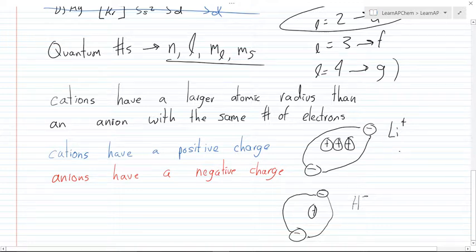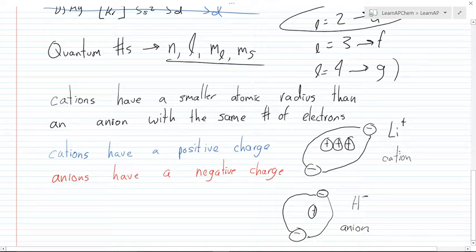Cation, anion. So, going back to our statement, cations, like here, have a larger atomic radius. I'm sorry, this should be smaller. Cations have a smaller atomic radius than an anion with the same number of electrons.